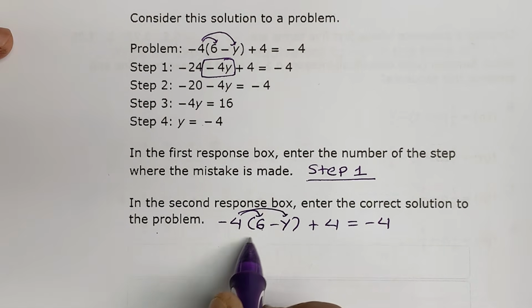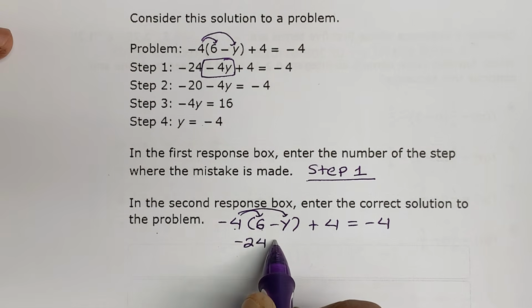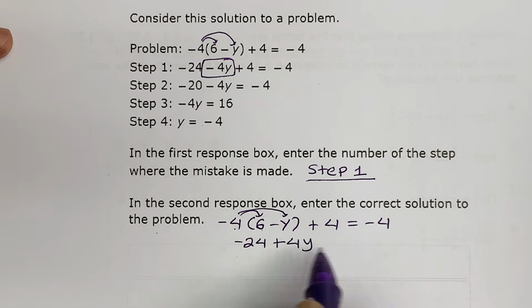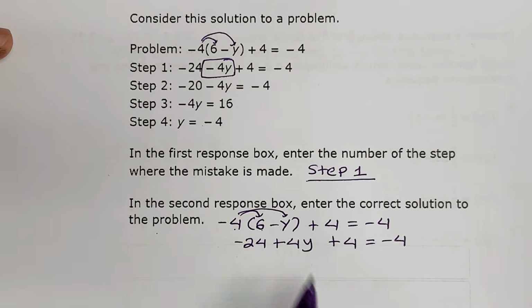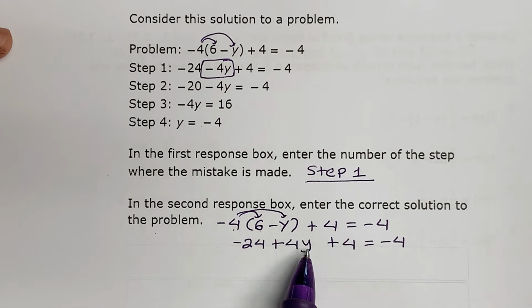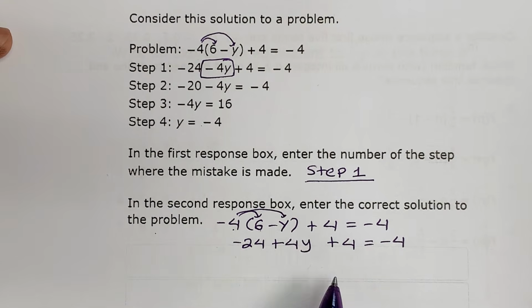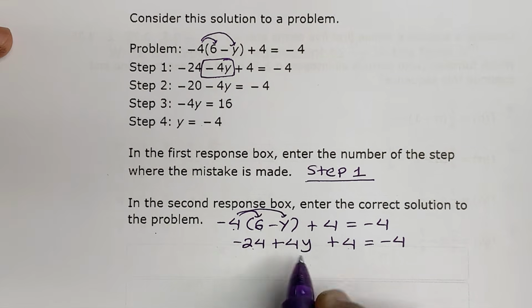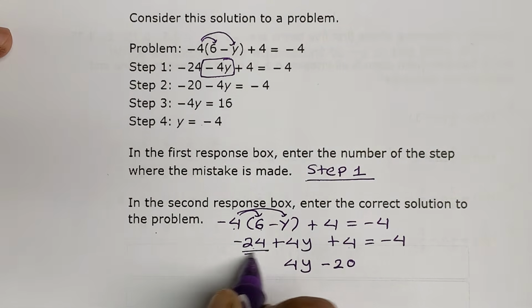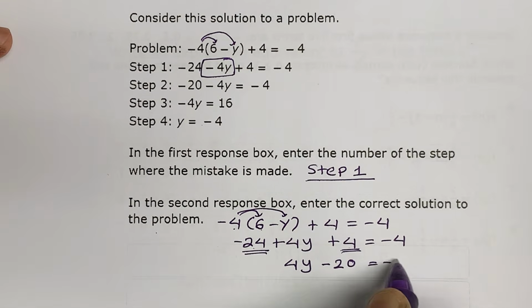Negative 4 times 6 is negative 24. Negative 4 times negative y is positive 4y, plus 4 equals negative 4. Remember, we're solving for y, so you want to isolate this variable, have it by itself. So I'm going to add like terms. Negative 24 plus 4 is negative 20.